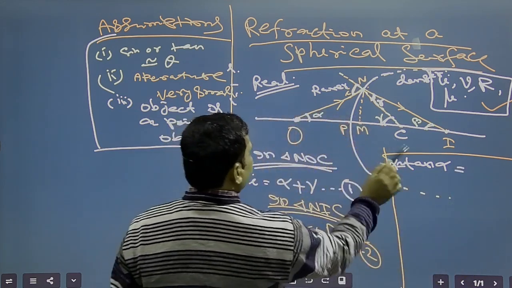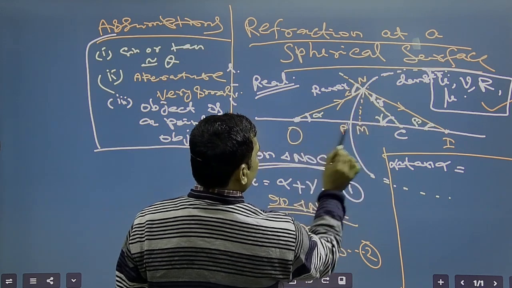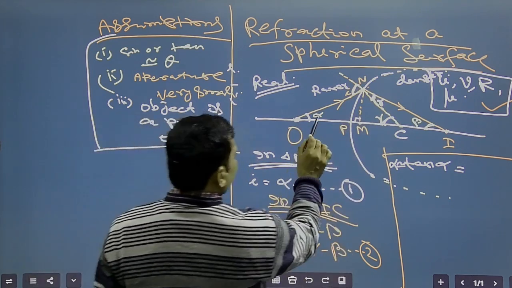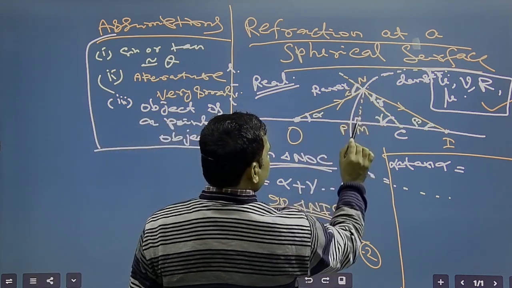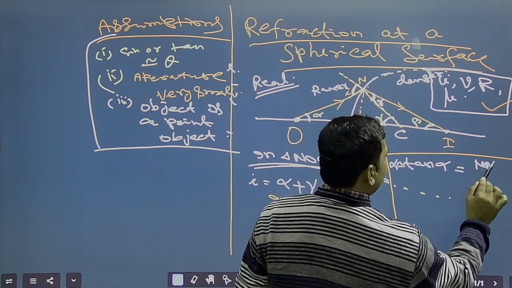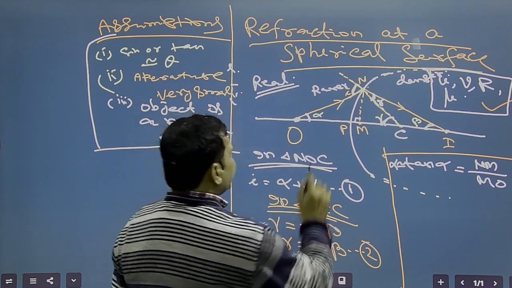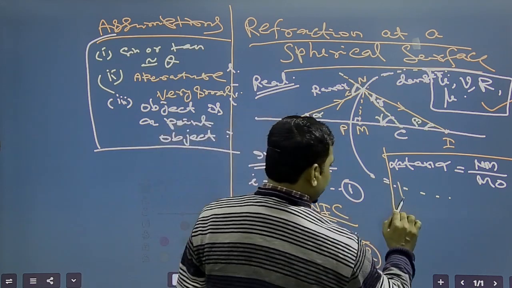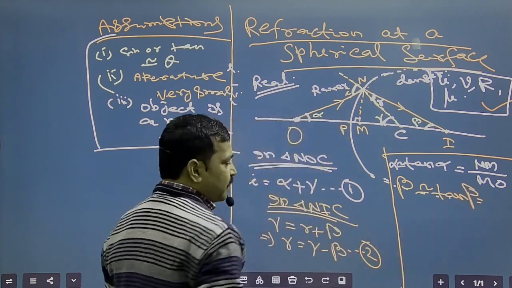For tan alpha I can consider the right angle triangle NMO. In this right angle triangle, tan theta is equal to P upon B. Here perpendicular will be NM and base will be MO. So tan alpha is NM upon MO. Similarly, I can take the value of beta also. Beta will be equal to tan beta, and what will be the value of tan beta?